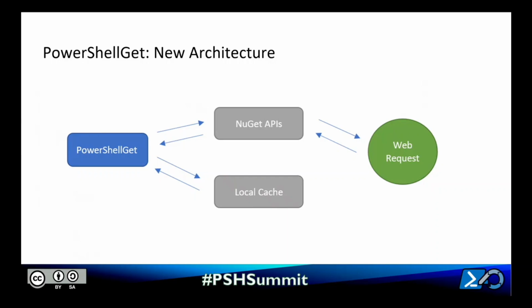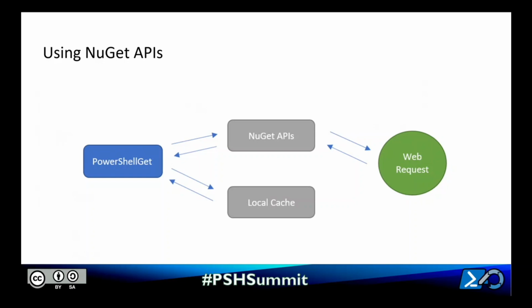And specifically, moving to C# has allowed us to extend NuGet client APIs and gain some functionality that had previously been lacking in PowerShellGet. But you can see in this diagram that the architecture of PowerShellGet is now much more streamlined, much easier to trace, and again, will be significantly easier to maintain and to contribute to.